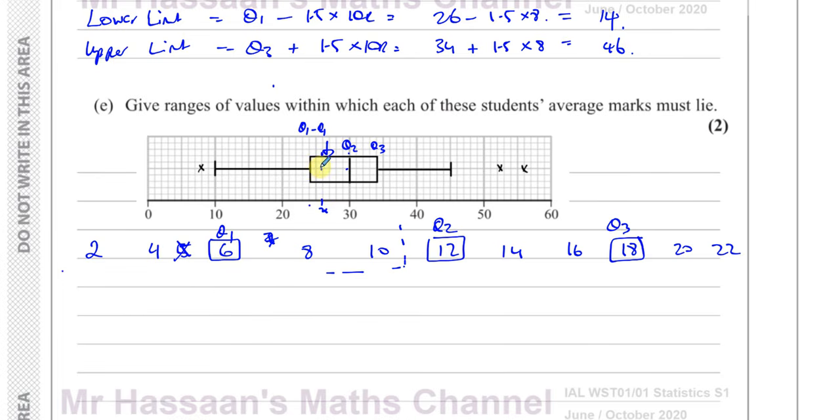So one extra number must be between 26 and 30, because the lower quartile has increased up to 26. Why can't it be more than 30?